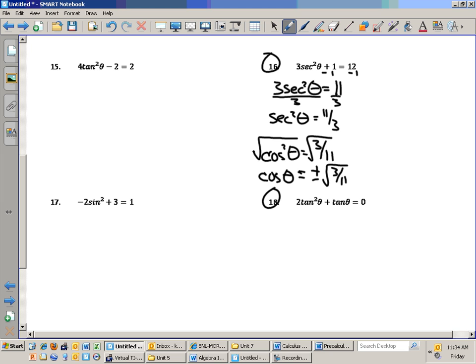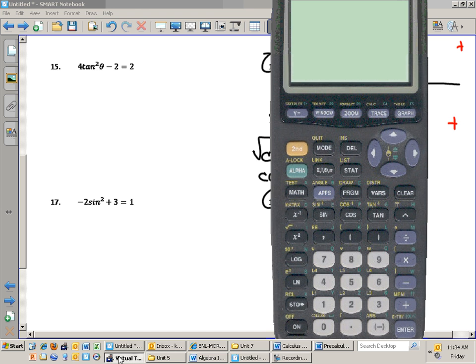Don't really need to do that. Where is cosine positive? 1 and 4. Where is it negative? 2 and 3. So we have 4 solutions here.